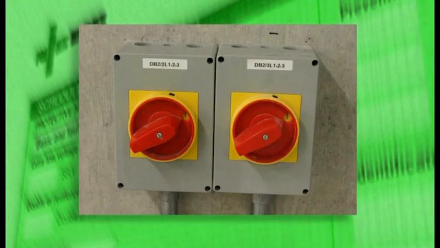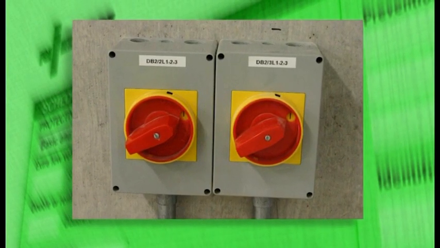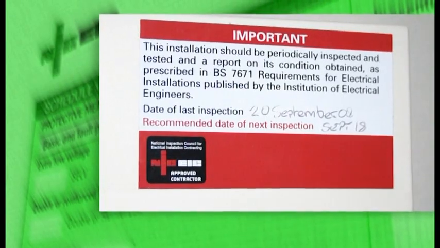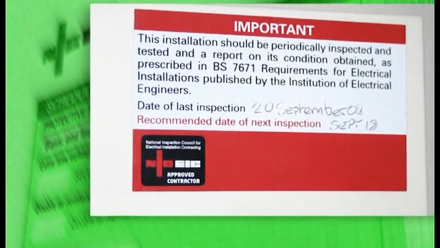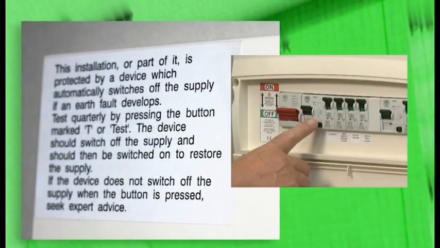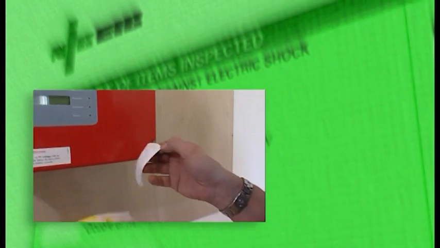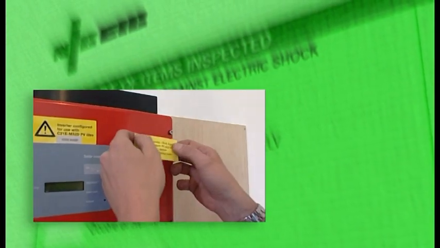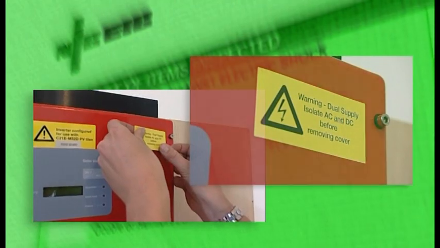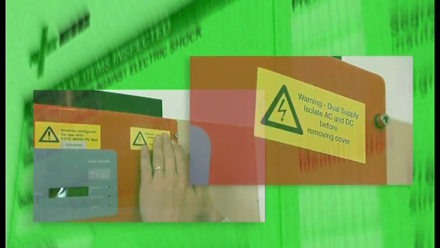Isolators themselves may need to have identification if there could be any confusion as to what equipment it isolates. Other labels required include the inspection and testing reminder, and also the presence of RCDs, and that they require manual testing. Finally, a very important label is one warning of dual supplies. As microgeneration becomes more adopted, we will see a wider use of these.